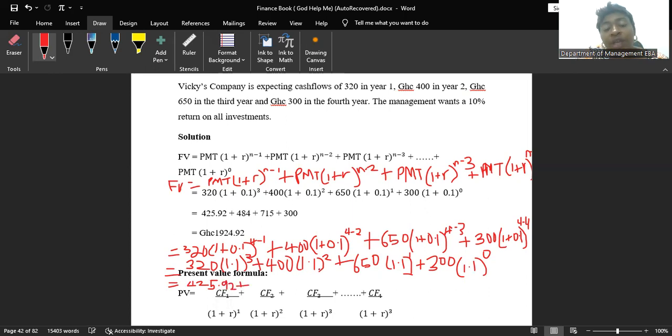Okay, we have 1.1 raised the power 2 times 400. So that one will give you 484. Okay, then we have what? This raised the power 1 is 1.1 times 650 will give us 715. And any number raised the power 0 is 1, right? So this was 1 times 300. We have what? The same 300.